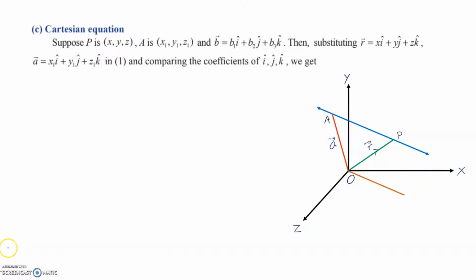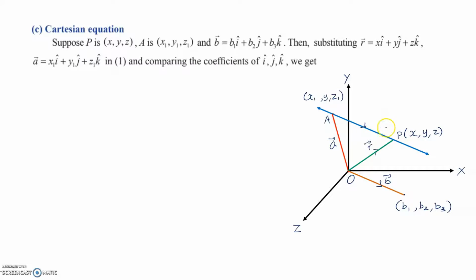In this, let's first consider our vector A, vector R, vector AP, and let's also consider our vector B. And we will define this point here as B1, B2, B3, and define the point A as x1, y1, z1. And let's represent P as x, y, z.